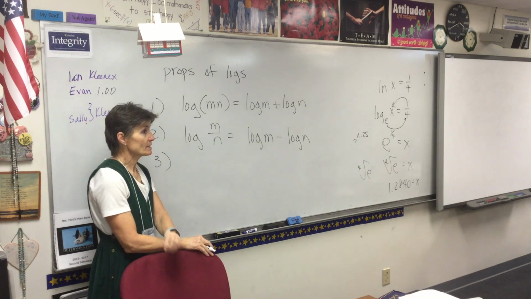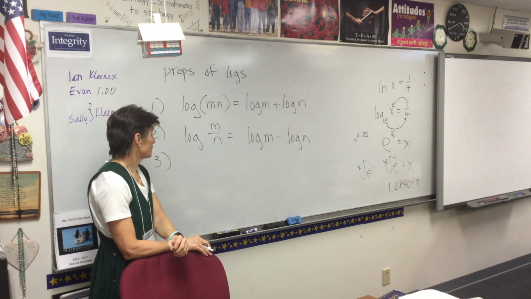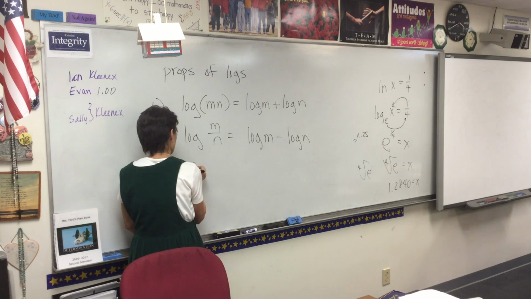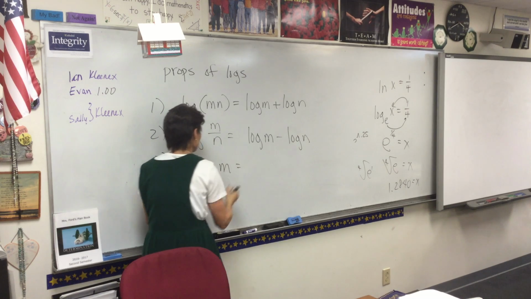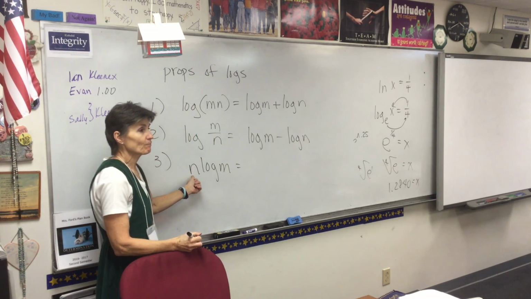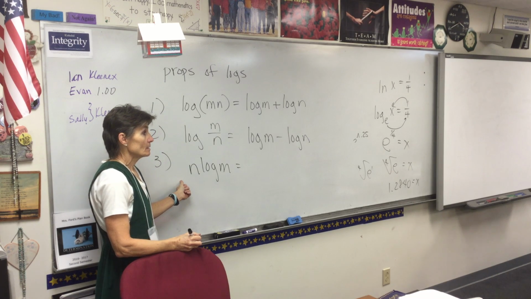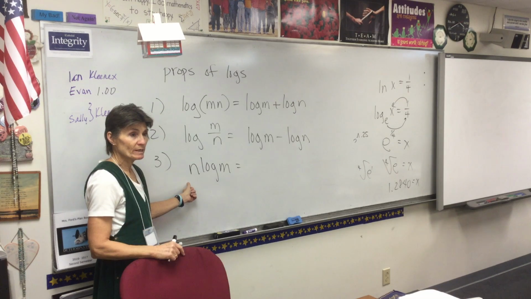You're making a note of these, you're writing these down. And the last one, the last property says, if you have a coefficient out in front, like we did in some of our problems a bit ago, one way to get rid of that coefficient is to divide. That's what we did.